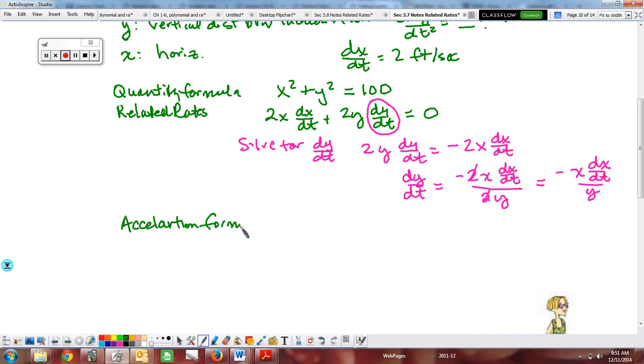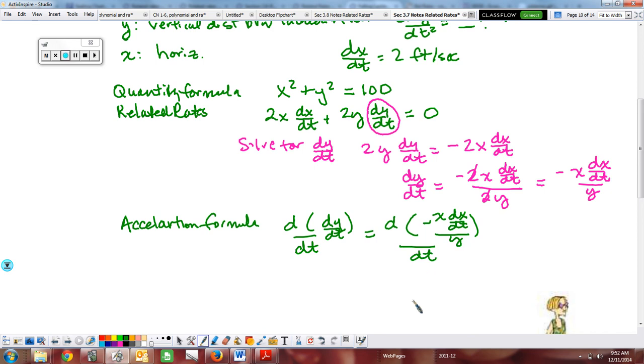So I'm going to take the second derivative, the acceleration formula. I had the quantity, then I have my velocities, my rates, now I'm going to my acceleration. I'm going to take the derivative of dy/dt with respect to t, which means we're going to take the derivative of this negative x dx/dt over y with respect to t.